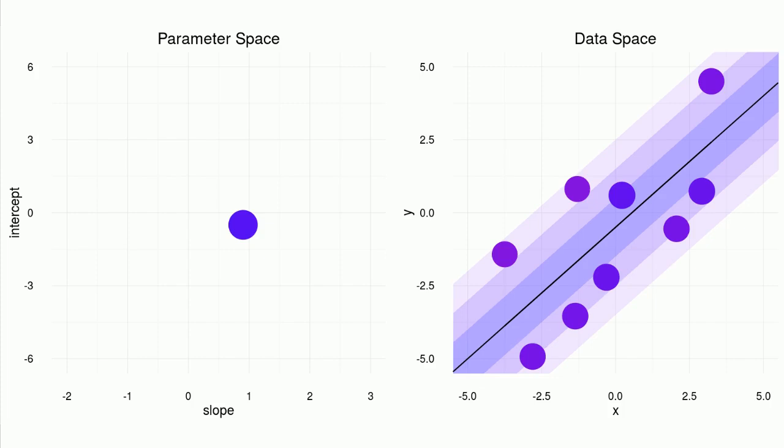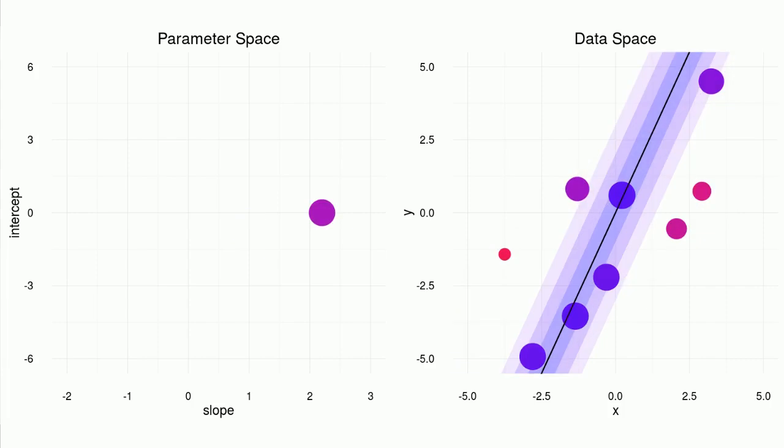And the color of this point corresponds to the product of all the likelihoods of all the data points to the right. So now we can move around in parameter space and see how this likelihood changes. If we make the slope steeper, it makes some data points very unlikely, and we see that the overall likelihood to the left goes down.